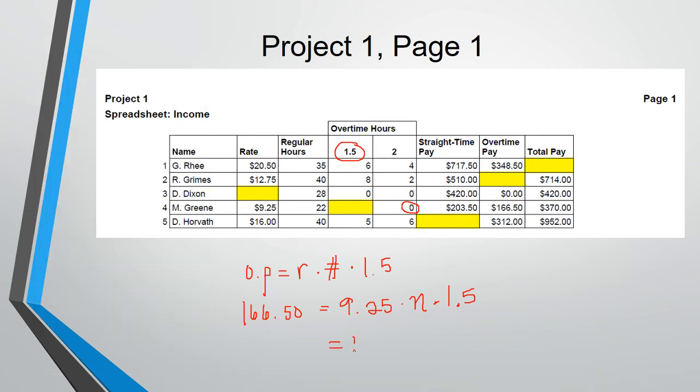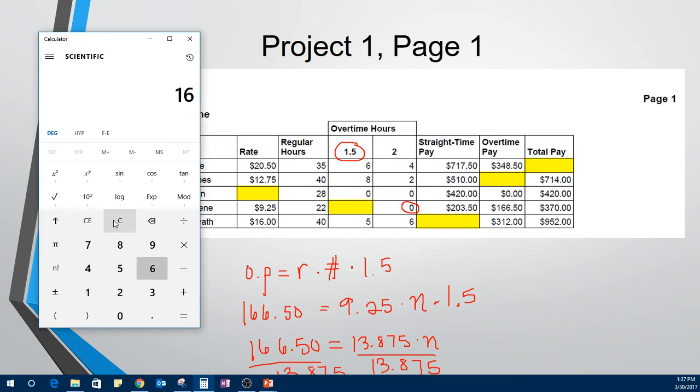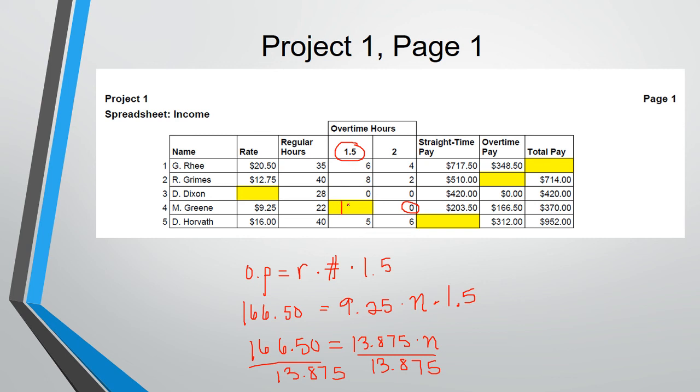So we write 13.875 times N equals 166.50. We need to get N by itself, so we divide both sides by 13.875. 166.50 divided by 13.875 gives us 12. That means Green worked 12 hours overtime.